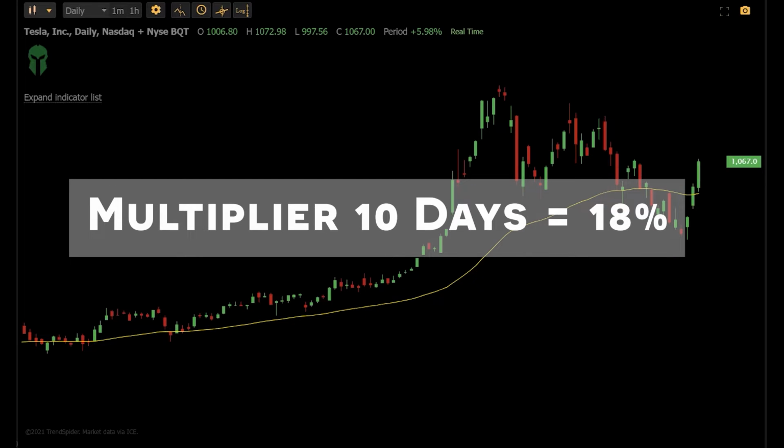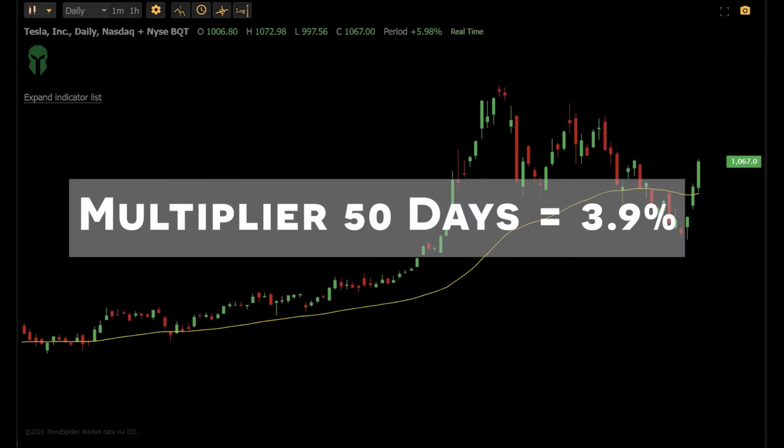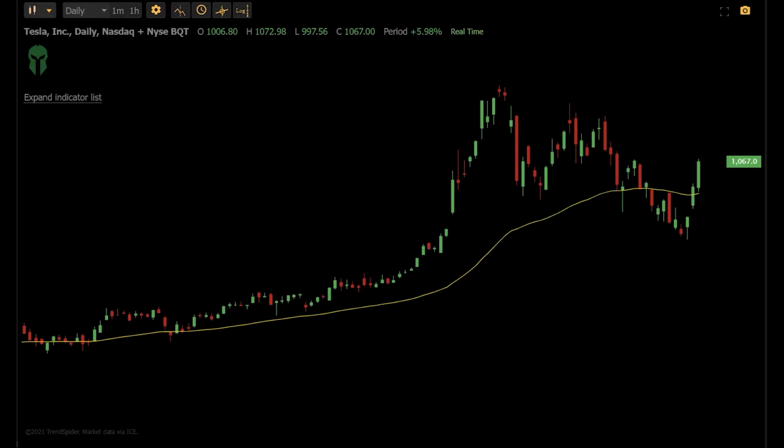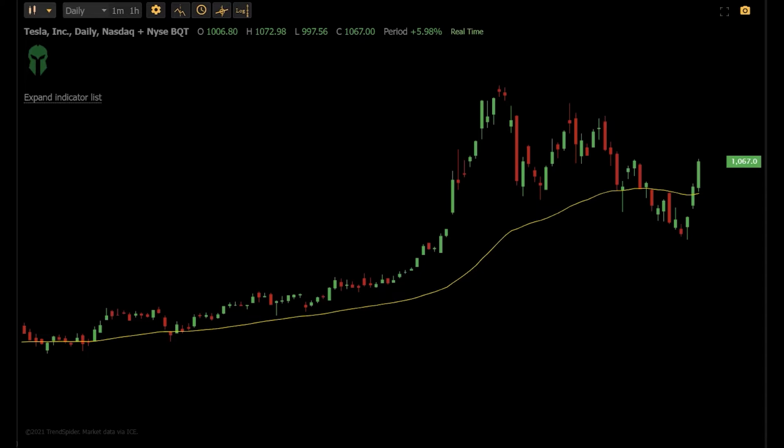But if you do it on the 50-day, it's going to give you 3.9%. It's just important to understand that that's the differentiation in weighting. That's one of the reasons why for short-term trades you may want to use EMA versus SMA, especially in these examples that we're going to go over.